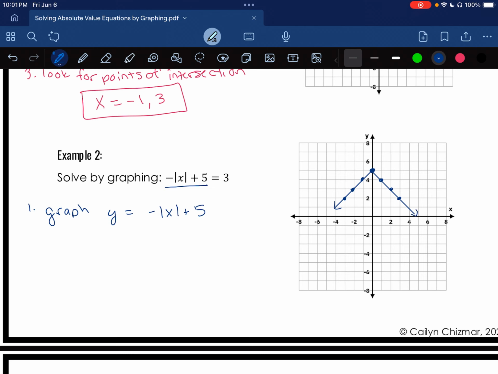All right, so now we're going to graph that right-hand side, y equals 3. And we're going to look for those points of intersection.